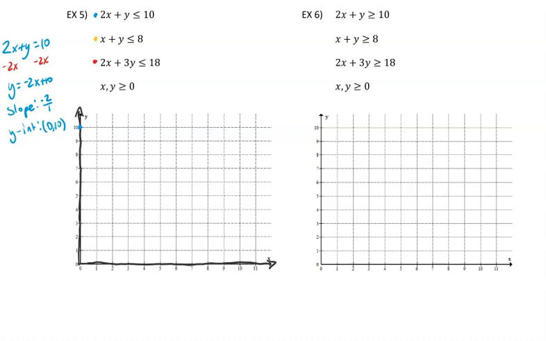So we go up to 10, and then we go down 2 and over 1, over and over. And then we go ahead and graph a line through it. It is less than or equal to, so I will go ahead and shade below.